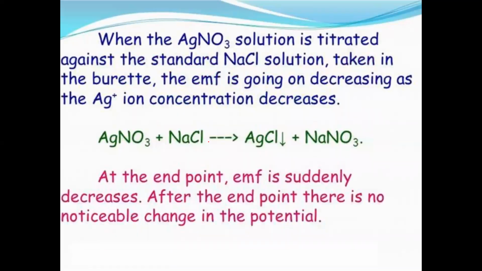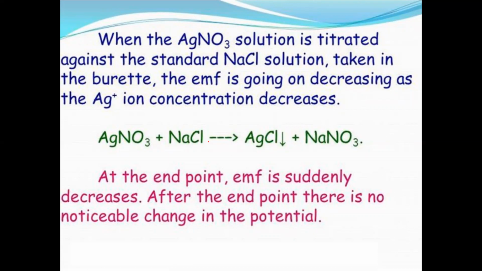Then what happened after? When the silver nitrate solution is titrated against the standard NaCl solution taken in the burette, sodium chloride is present in the burette. Then the EMF keeps decreasing. After adding the NaCl, the potentiometer will show continuously decreasing values.